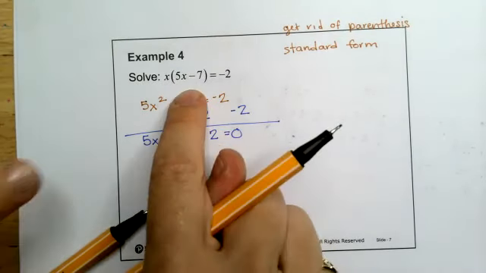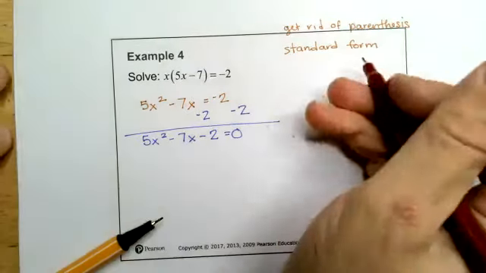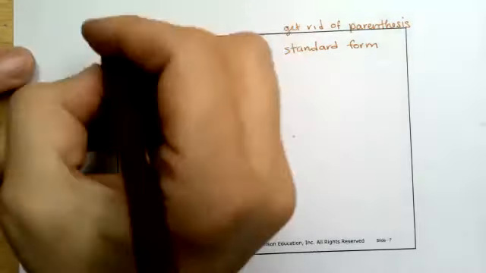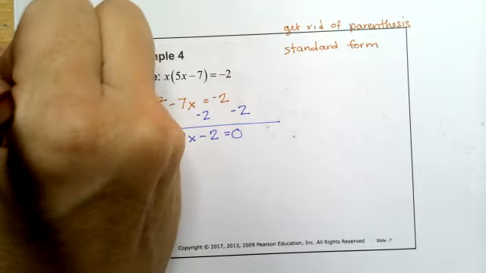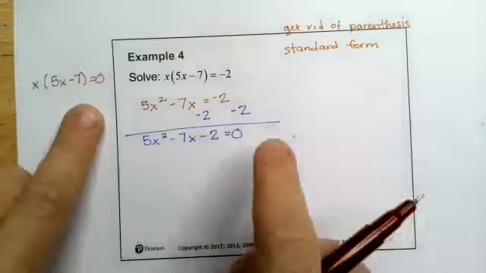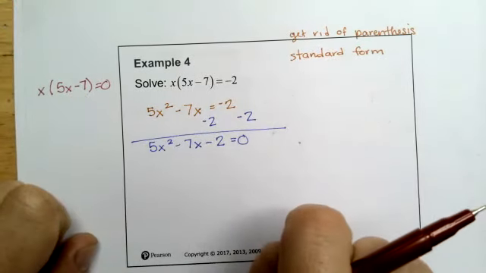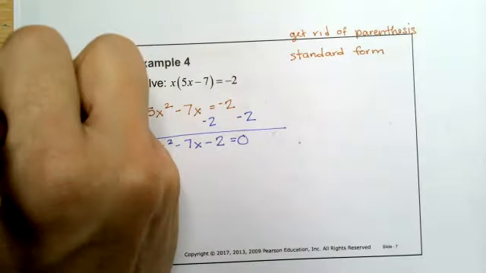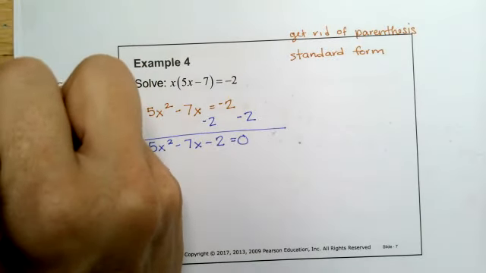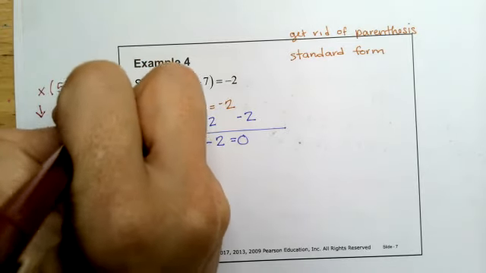Good. If this was already set equal to 0, that's a different situation. Then you can just say x times 5x minus 7 equals 0. Now you've skipped over standard form. Now you can go straight to it's factored. So it's just x is 0 and 5x minus 7 equals 0.